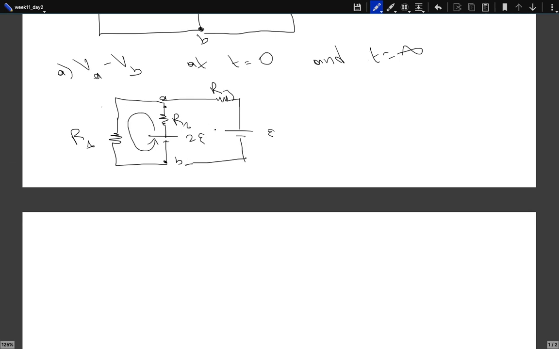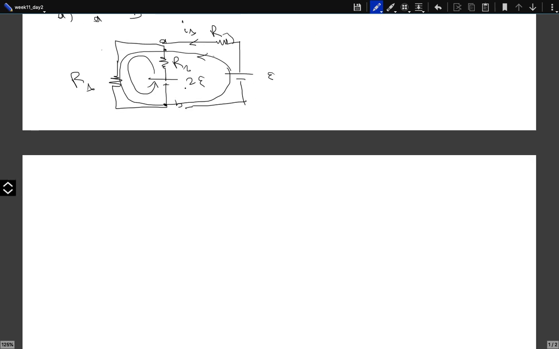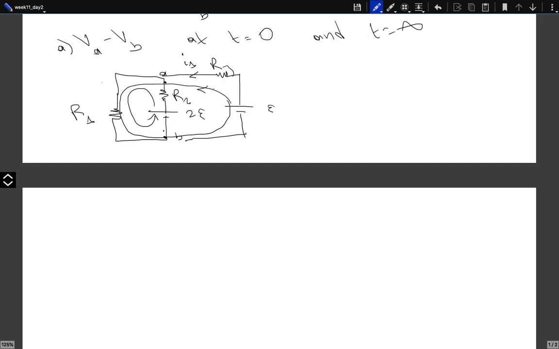We can go around this loop, and we can go around, let's say, this loop. We have those two loops. Let me give names to the currents. This current, let me call it I1. This current, let me call I2. And this one is just I1 plus I2. Let me not give it a different name. So I have two currents, one running through this wire, one running from the above wire.